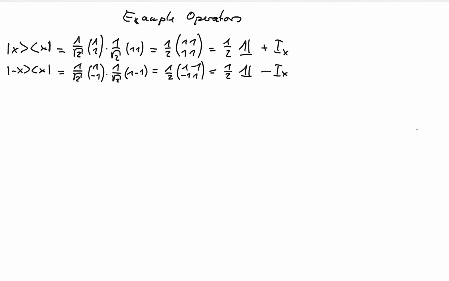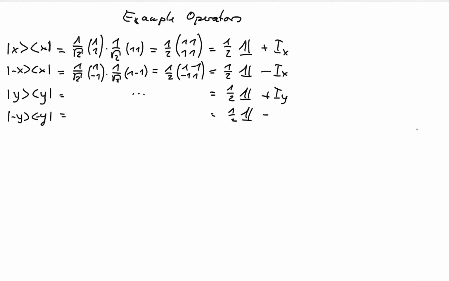So really, we have an opposite operator for the opposite direction, which I think is quite nice. We simply do further matrices, and so we have the y operator, which with a similar calculation results in 1/2 unity matrix plus Iy, and equally the minus y operator will result in 1/2 times 1 minus Iy.